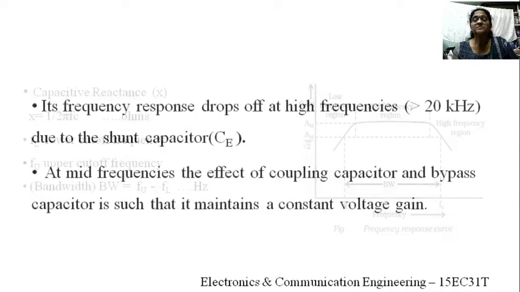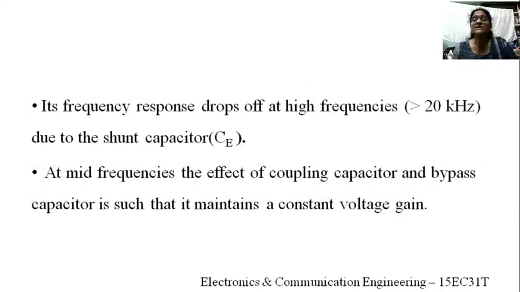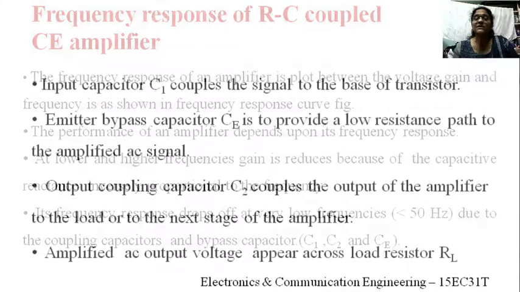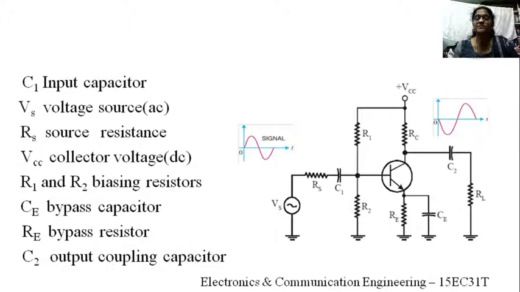Also, the frequency response drops off at higher frequencies, greater than 20 kilohertz, due to the shunt capacitances, and a little bit due to the coupling capacitors also. We'll see here, right? First, the emitter capacitance. At higher frequencies, the reactance is low. If the reactance is low, what happens here?